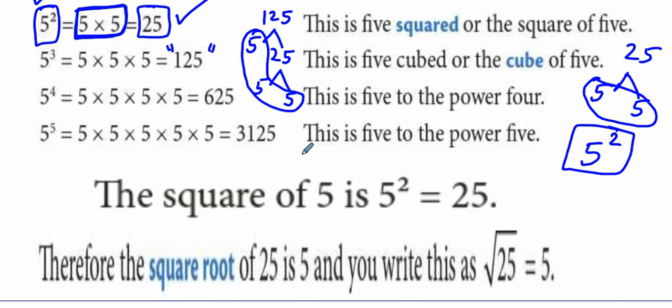Because of that, in power form, you write 5 to the power of 3. So 125 as a power of 5 will be 5 to the power of 3. And this concept, 5 times 5 times 5, is simply obtained from a factor tree.